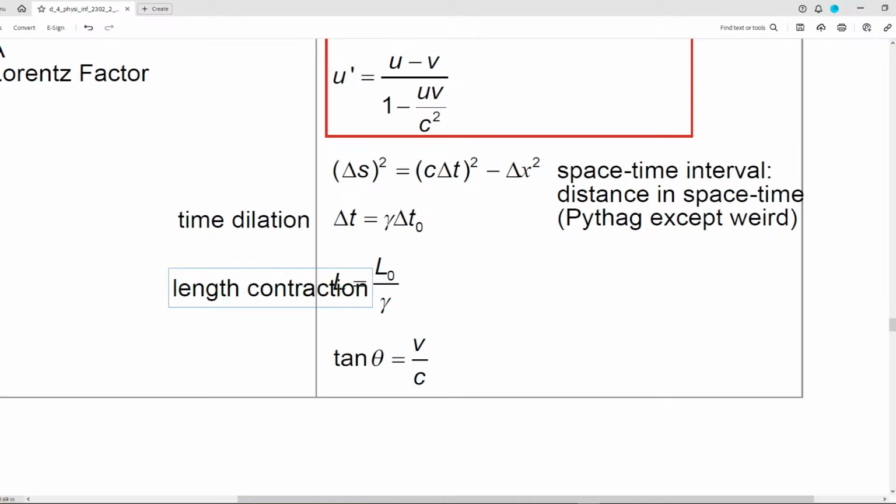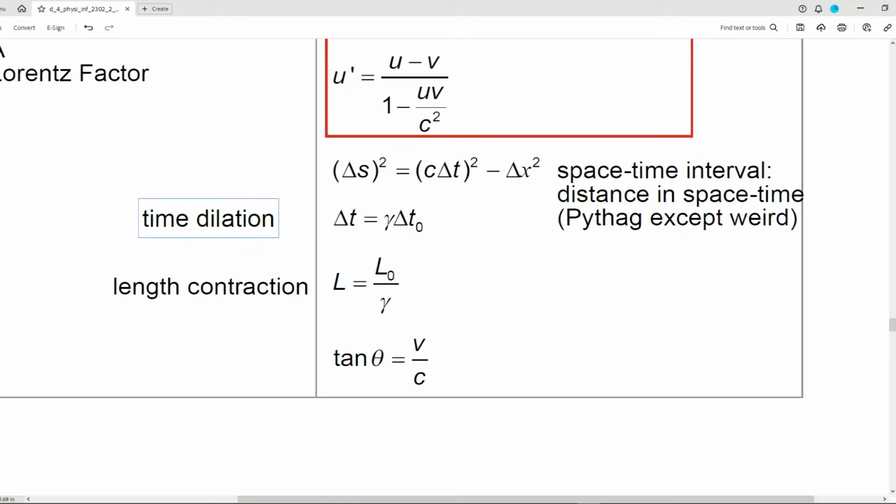Basically, if you measure time in one frame and you measure time in a different frame, this is how it changes. Delta zero is what we call proper time and proper length, which is when the object at rest with the event measures it.